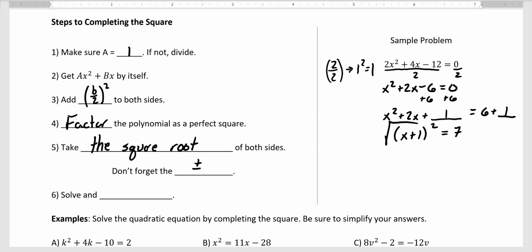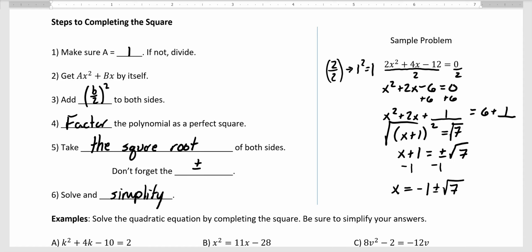So I take the square root of x plus 1 squared and the square root of 7. I get x plus 1 equals plus or minus the square root of 7. And then I solve and simplify. So all I need to do to solve for x in this case is just subtract 1 from both sides. So I have x equals negative 1 plus or minus the square root of 7.